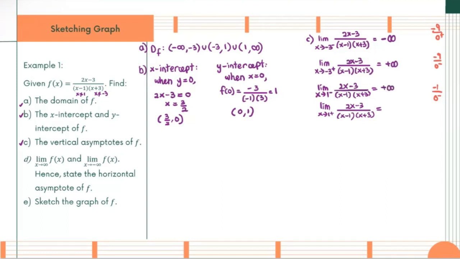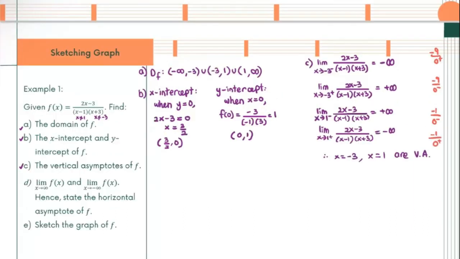Okay, dan bila gantikan pula 1 from the right, 1.0001. So I get a positive 0. So that means here will be a negative infinity. So therefore, x equals to negative 3 and x equals to 1 are my vertical asymptote. So kat situ kita akan conclude lah untuk jawapan yang ketiga.